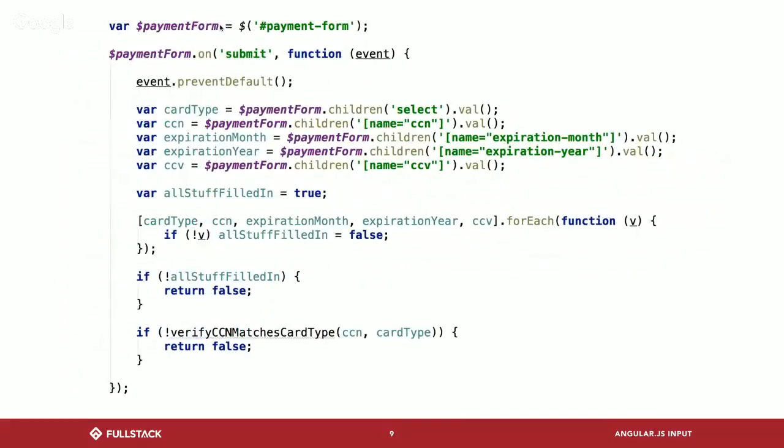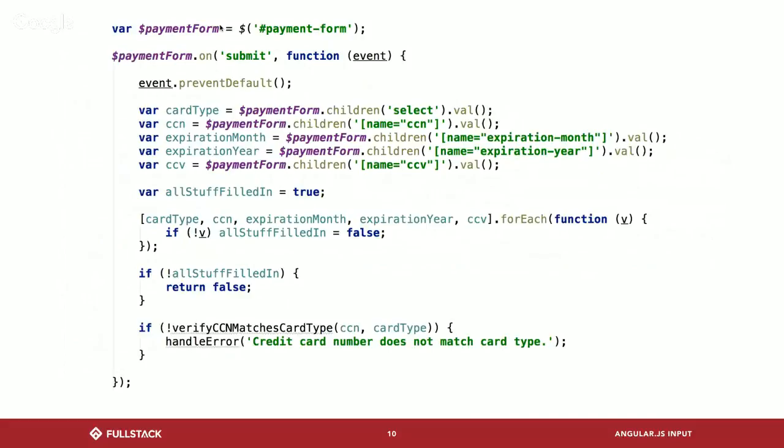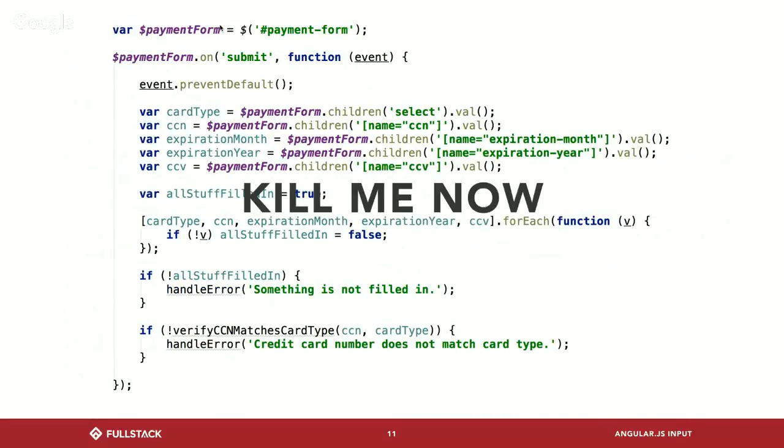And then maybe there's some other things that you decide to do. Does the credit card match that particular credit card type? And you go on, and you really just want to crawl into the fetal position because it's pretty thankless, really. I mean, it's not like this is the greatest feature ever built, but it's incredibly important from a usability perspective.